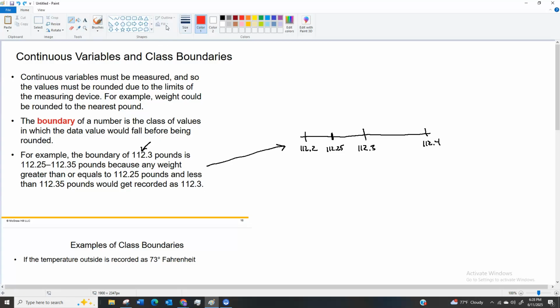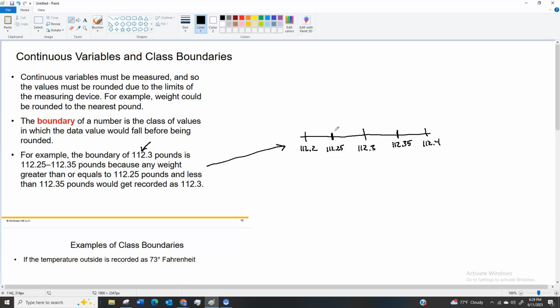And then if you go on the other side, the question is, when would you stop calling a value 112.3? Well, it would be when you get halfway, because when you get halfway, you would start calling it 112.4. And so halfway between 112.3 and 112.4 would be 112.35. And you might say, well, why is that listed when that actually gets rounded up to 112.4?